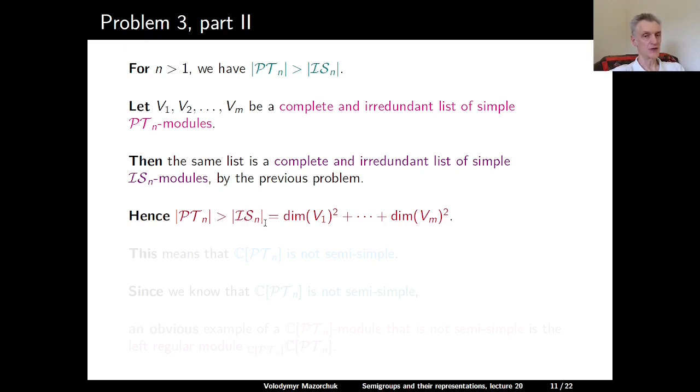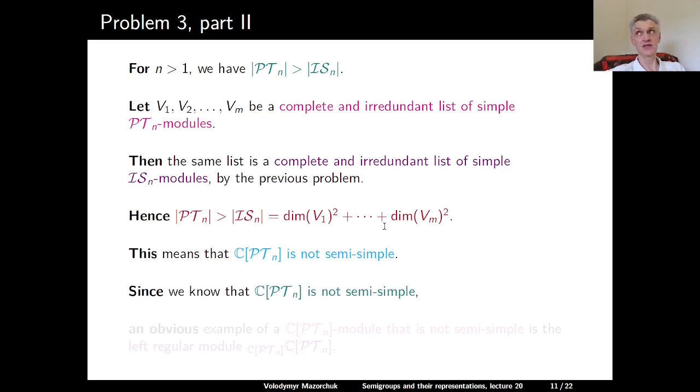So the cardinality of ISN is equal to the sum of the squares of the dimensions of our Vi's. But then we see that the dimension of the semigroup algebra of Ptn is strictly greater than this sum of the squares of the dimensions of the simple modules. And so we can deduce that the semigroup algebra of Ptn is not semi-simple.